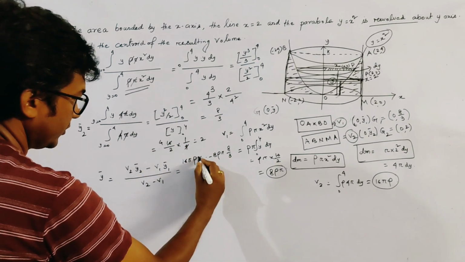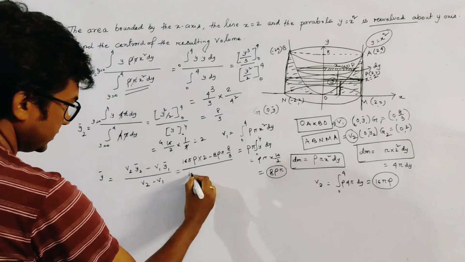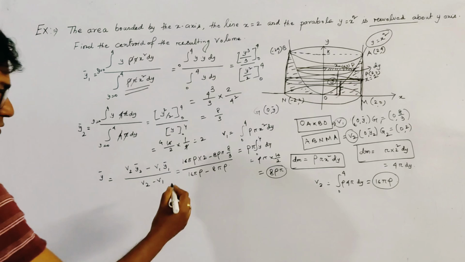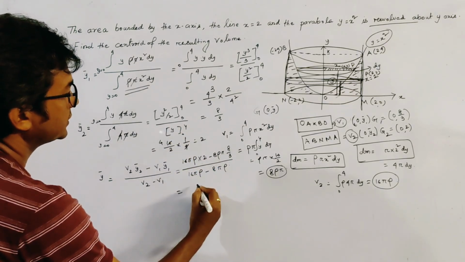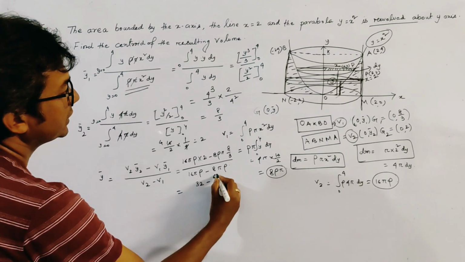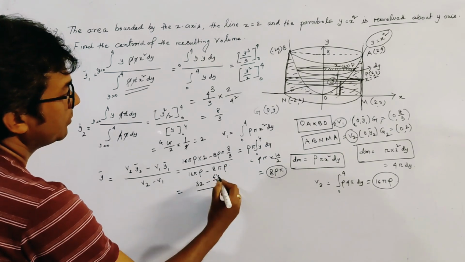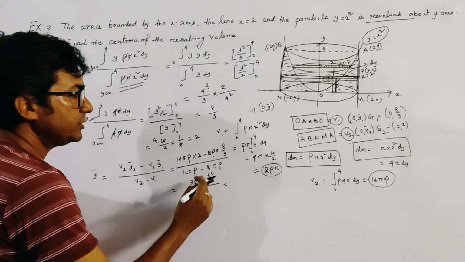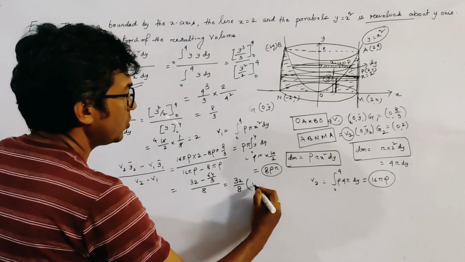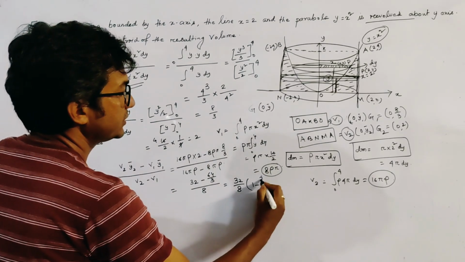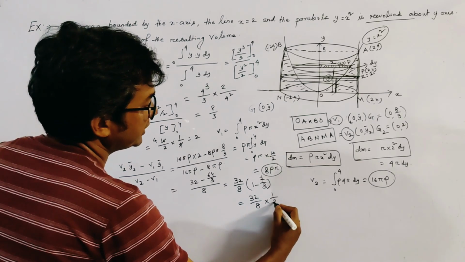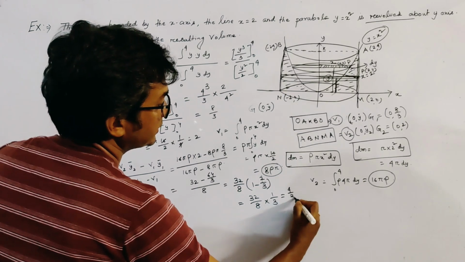Okay, this is 2 minus, this is 16 pi rho minus 8 pi rho. We cancel out pi and rho and get the result as 32 minus 64 by 3, by 8. And taking common 32 from this, we get 32 by 8 into 1 minus 2 by 3, right? And this is 32 by 8 into 1 by 3, that is 4 by 3.